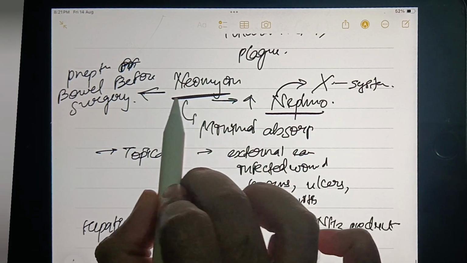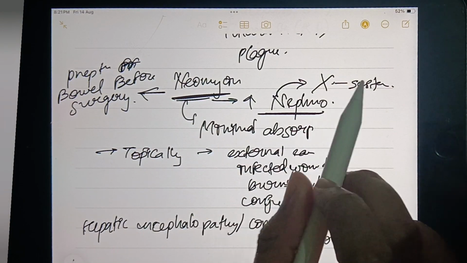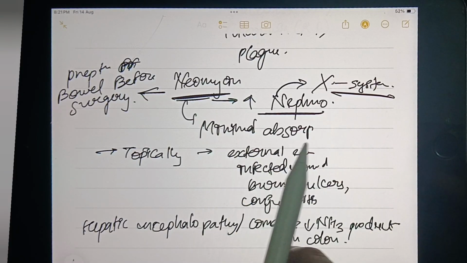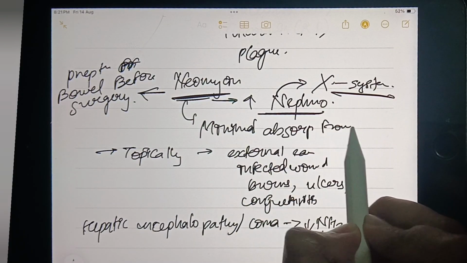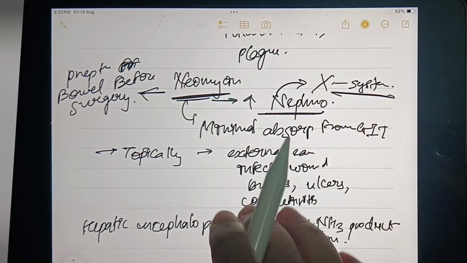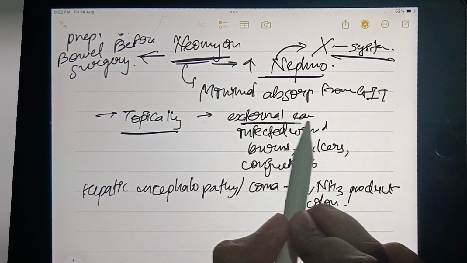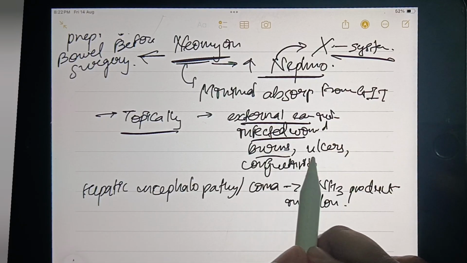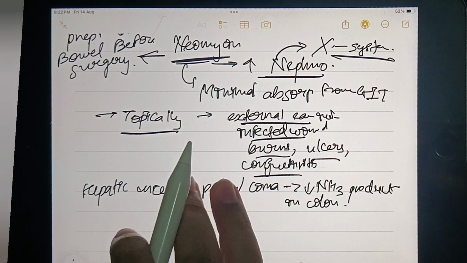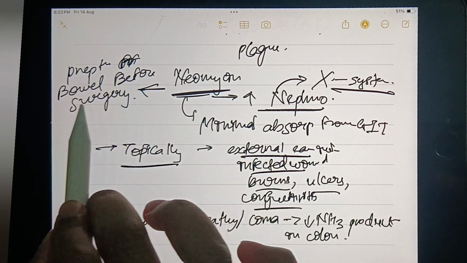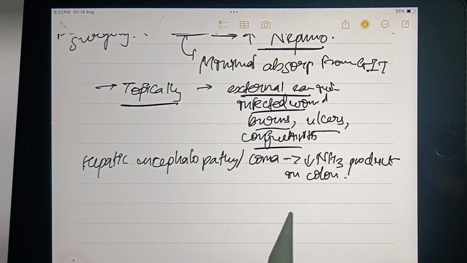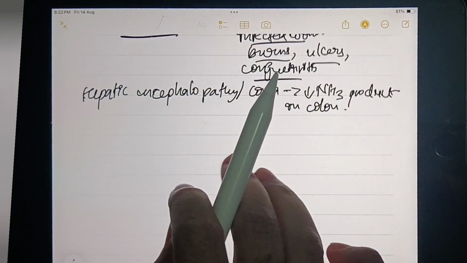So neomycin is the highest nephrotoxic drug and therefore it is not given systemically. It has minimal absorption from the GIT. It is topically used in external ear infections, infected wounds, burns, ulcers, conjunctivitis, and it is also used for preparation of bowel before surgery, and in hepatic encephalopathy, coma, and decreases the ammonia production.